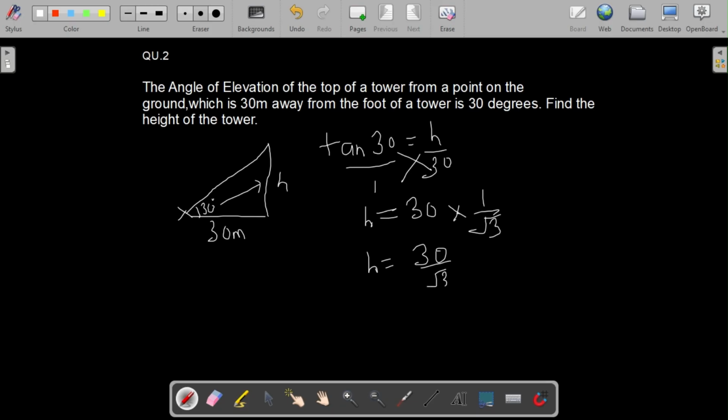Of course, you know it is not right to leave this answer like this. You rationalize. Times root 3 over root 3. So 30 times root 3, h is 30 root 3.